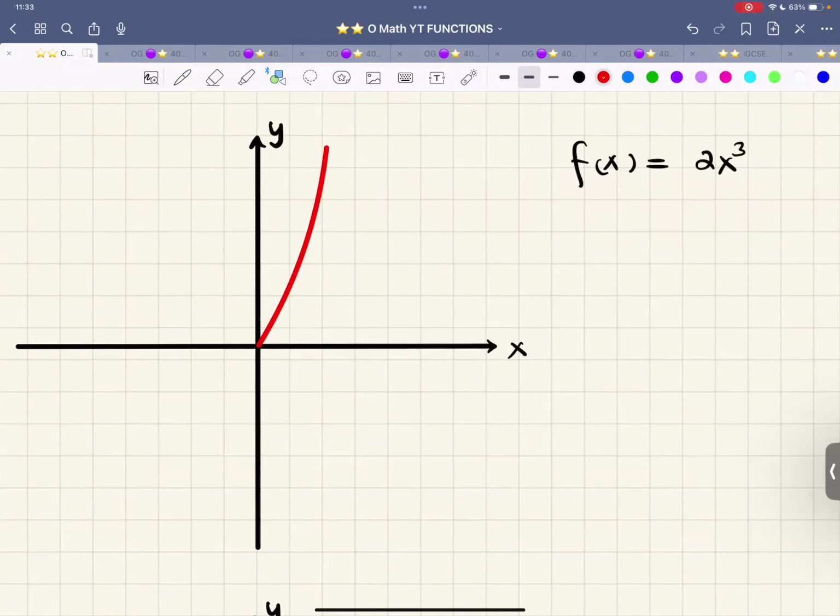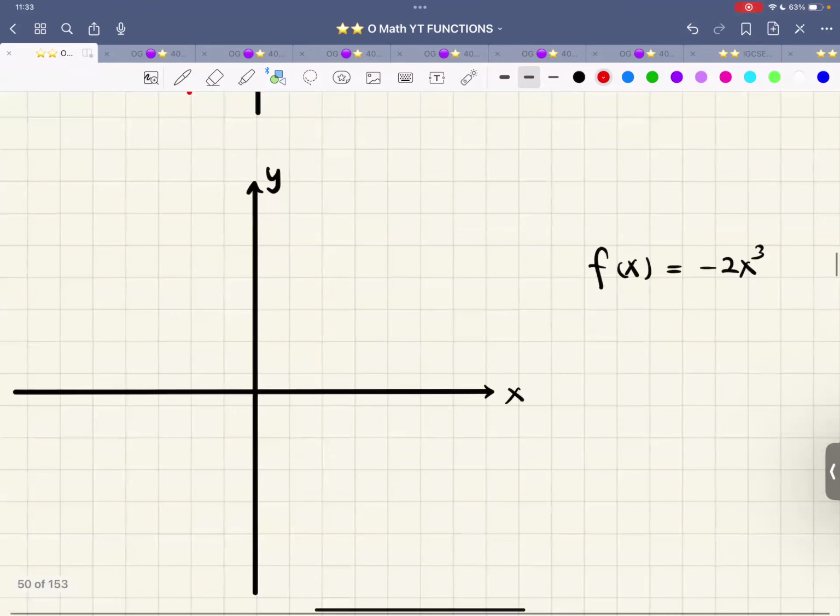So therefore, let me draw it more steeper towards the y-axis. So this is the y-axis. It will get more steeper towards the y-axis. And this is negative 2x cube. It's the reflection of the above. So something like this, something like this.